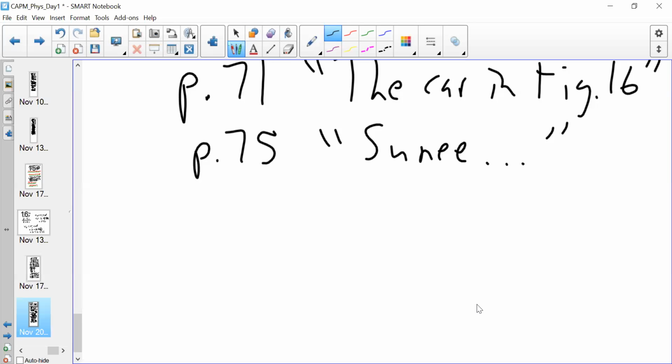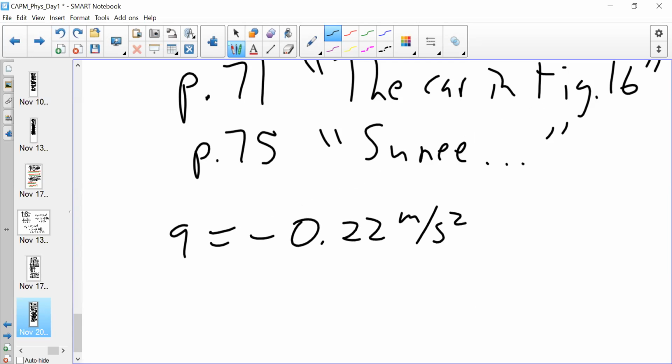It travels west with a forward acceleration of 0.22 meters per second squared. Now, going west is generally considered the negative direction or negative numbers. So negative 0.22 meters per second squared.